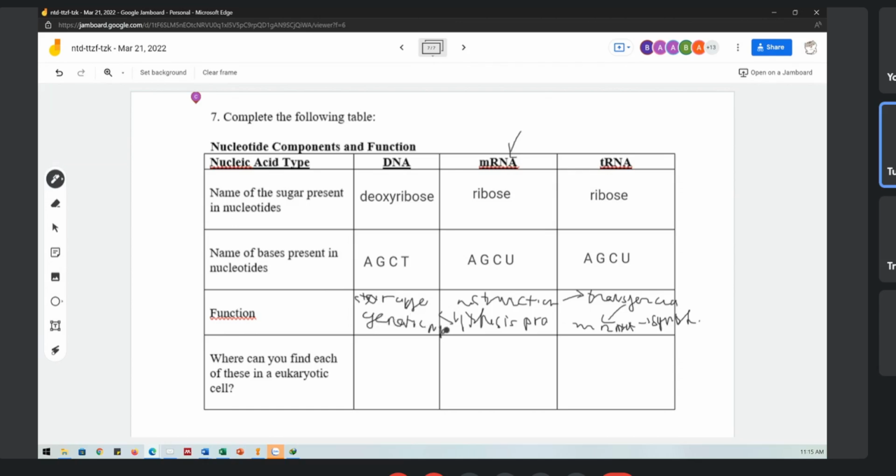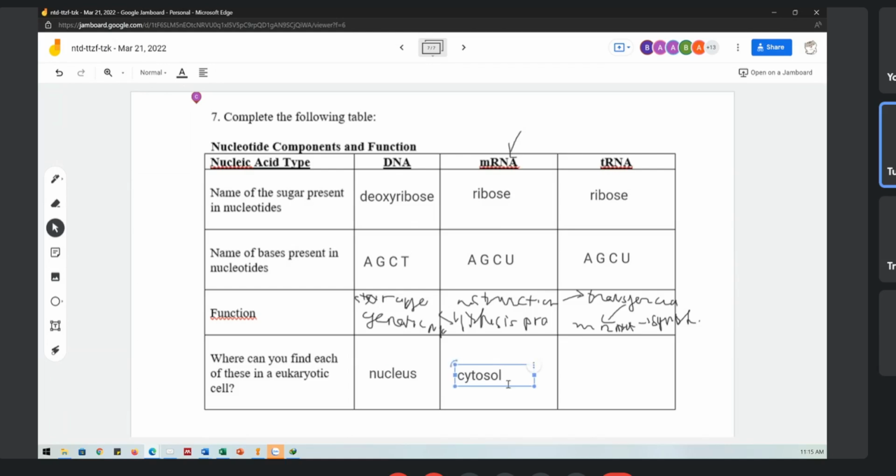And about the location, DNA you can normally find a lot in the nucleus, of course. And the other RNAs are in the cytosol.